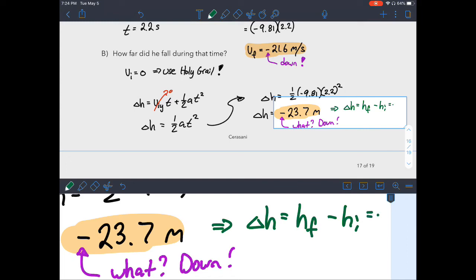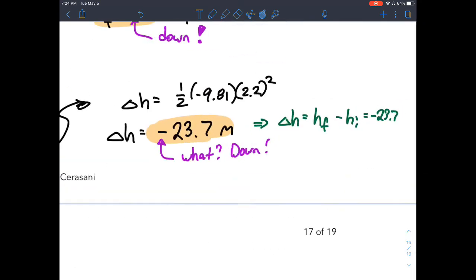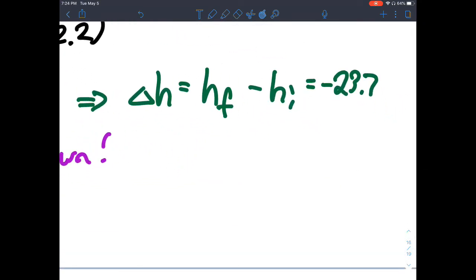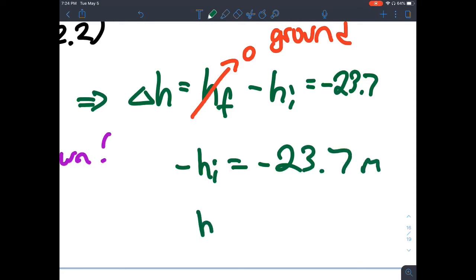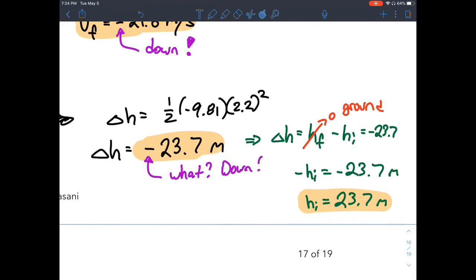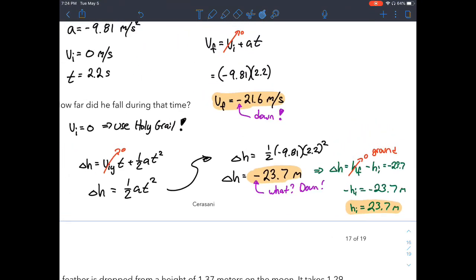So if our final height minus our initial height is negative 23.7 meters, well then that just means that if our final height is on the ground, this goes to 0 since we're on the ground, then our negative initial height is equal to negative 23.7 meters, so our initial height was a positive 23.7 meters. You don't necessarily have to go through that step, but that's what that negative change in height means, is that we're actually falling down towards the ground.